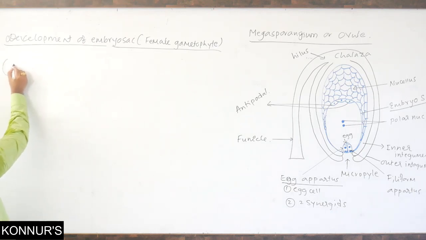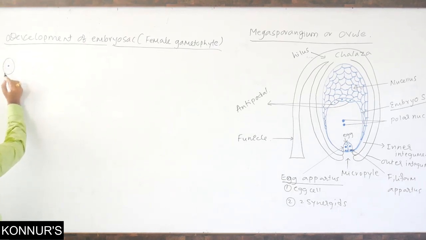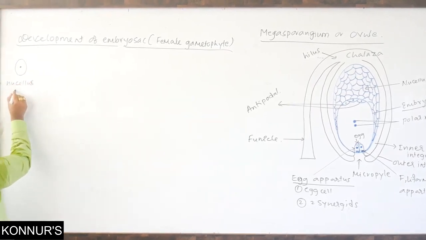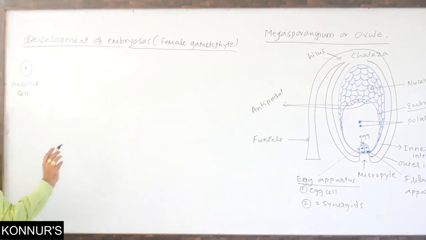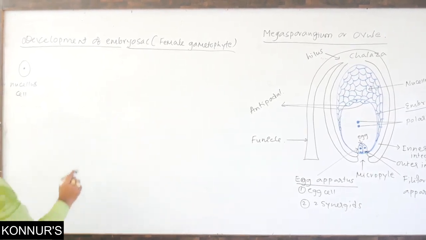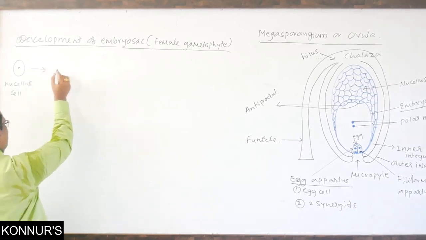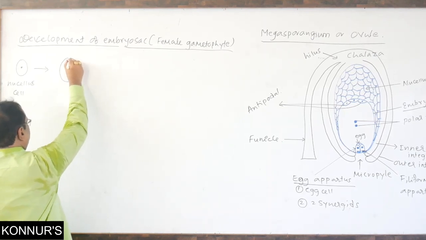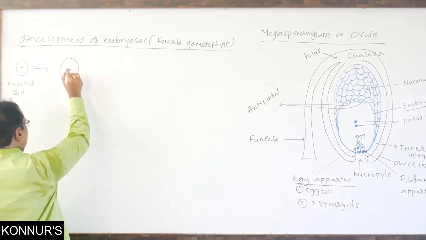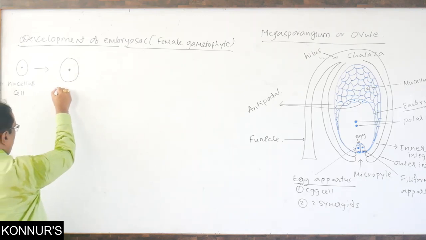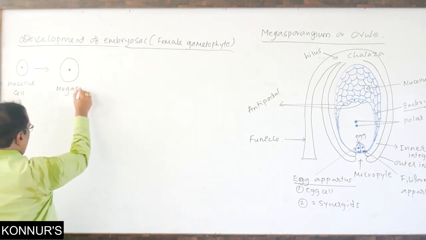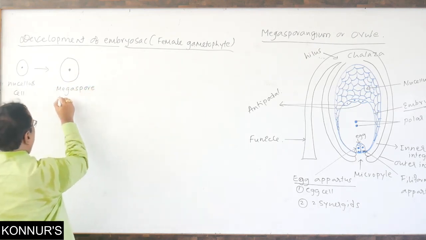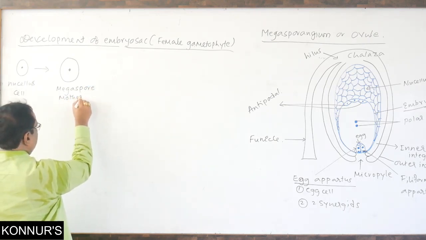This is a nucellus cell which is present towards micropyle, and this nucellus cell becomes megaspore mother cell.